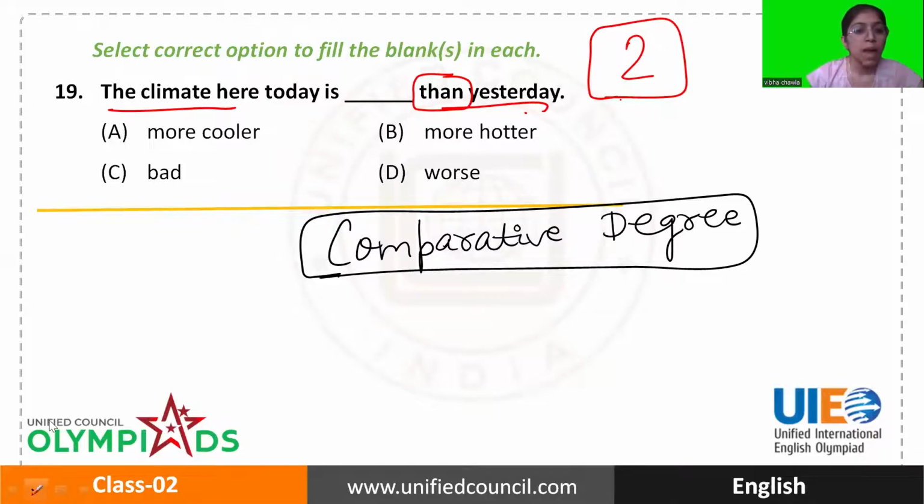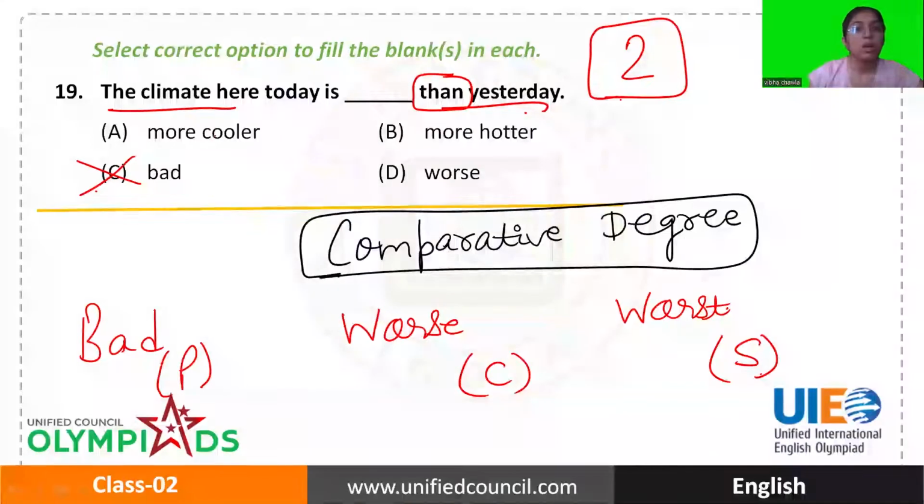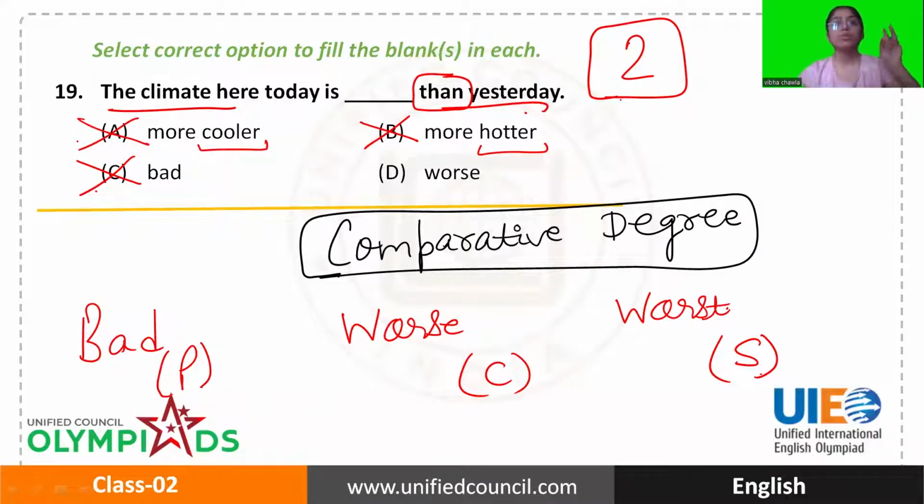So now, bad being the positive degree is eliminated. Bad is positive, worse is comparative, and worst is superlative. Positive, comparative, superlative. Cooler is comparative degree, hotter is again comparative degree, and we are using more with it, which is a blunder. Never use two comparative or two superlative degrees together.